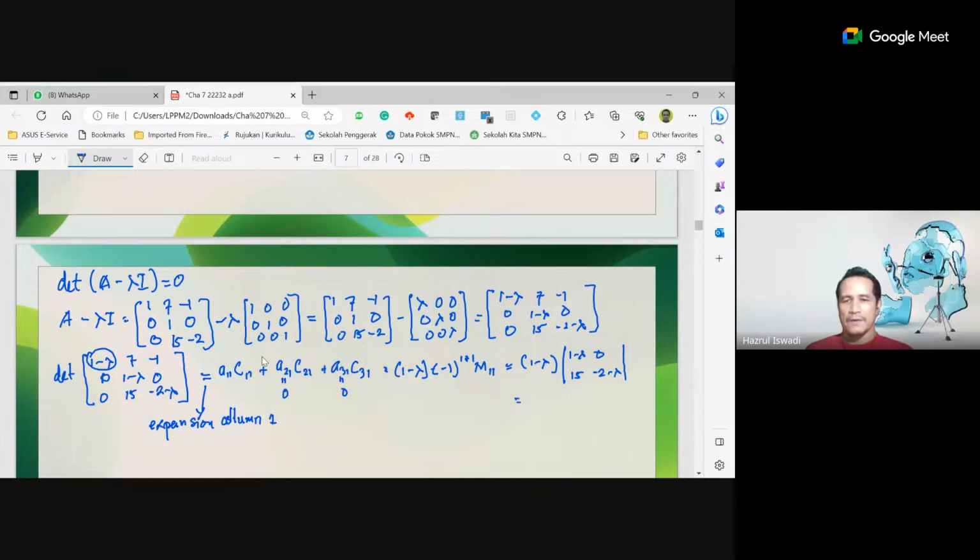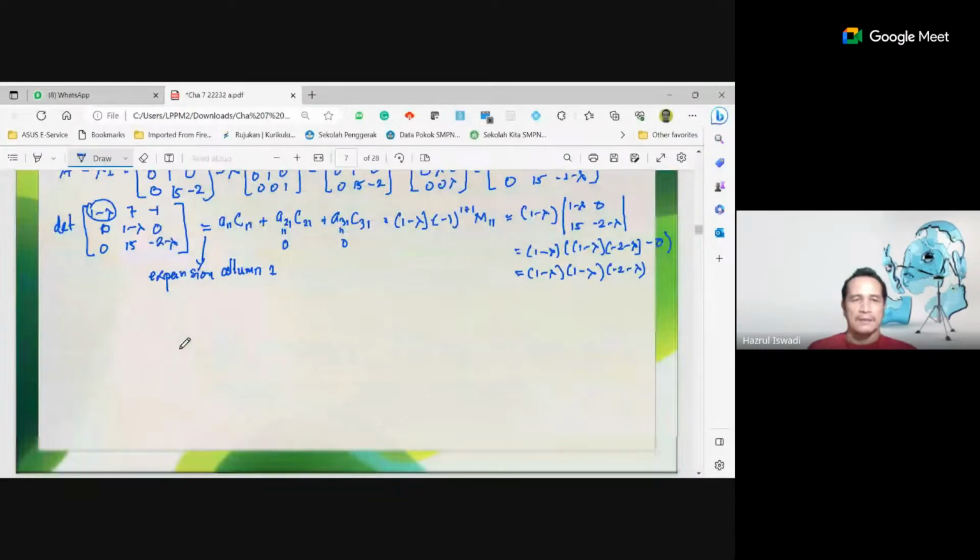So we have 1 minus lambda multiplied by minus 2 minus lambda, minus 0 times 15. So we have 1 minus lambda and 1 minus lambda, and minus 2 minus lambda.